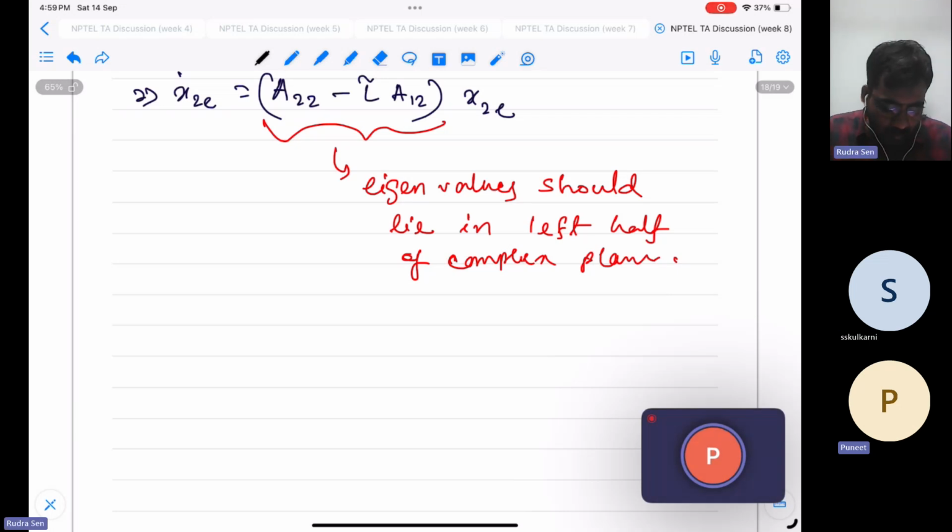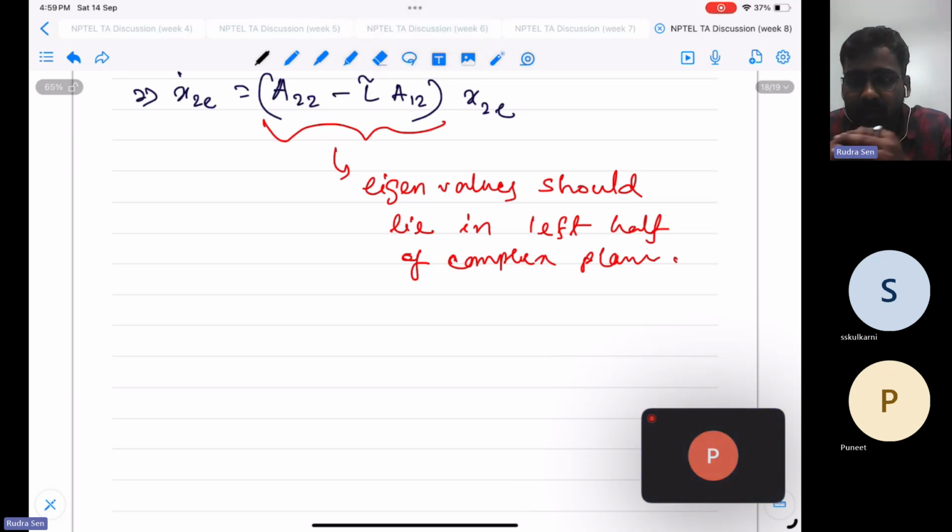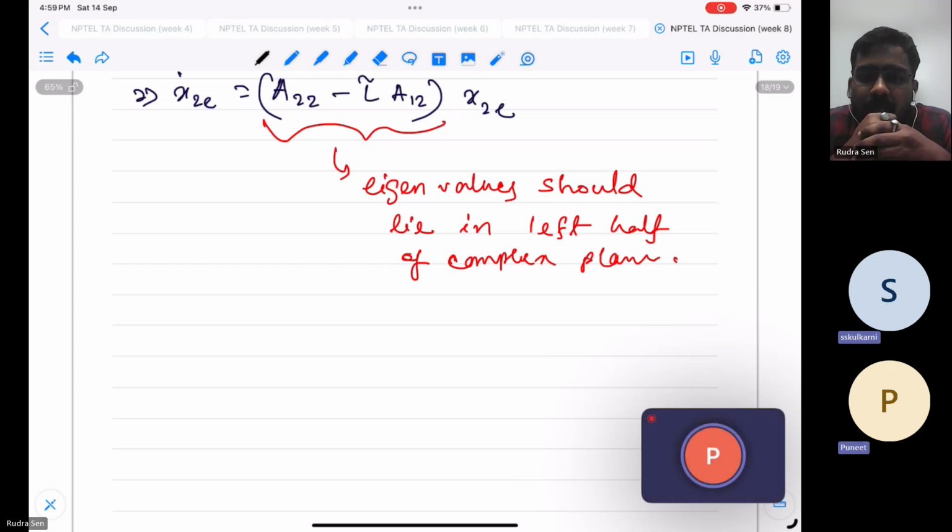So you need to discuss how we use this MATLAB code, right? Like just now we discussed the eigenvalues in the complex plane, so how can we implement that using MATLAB?